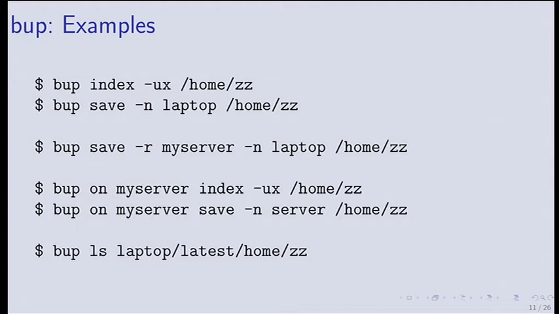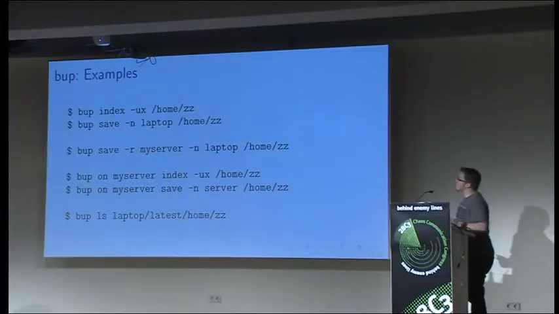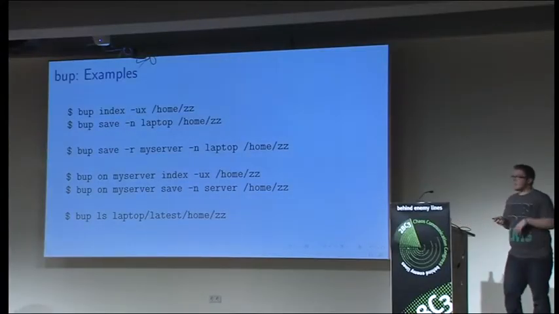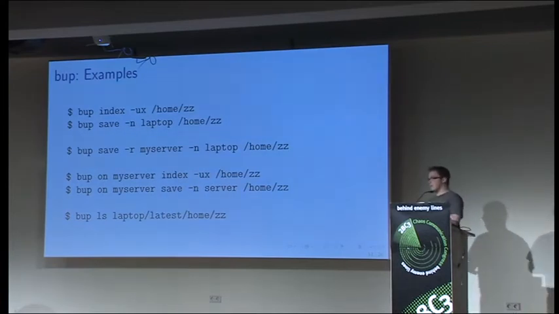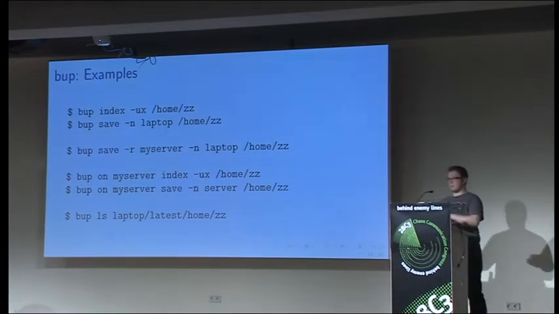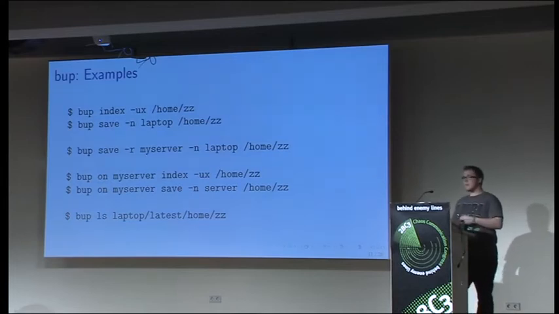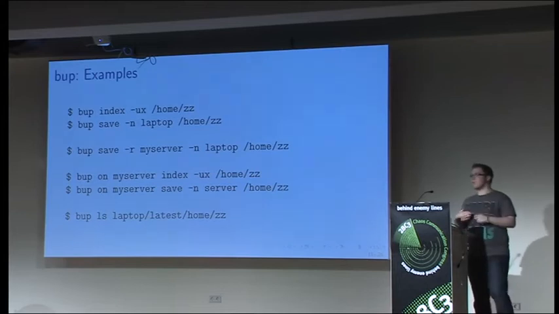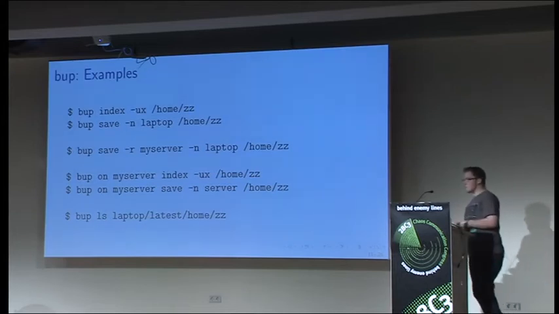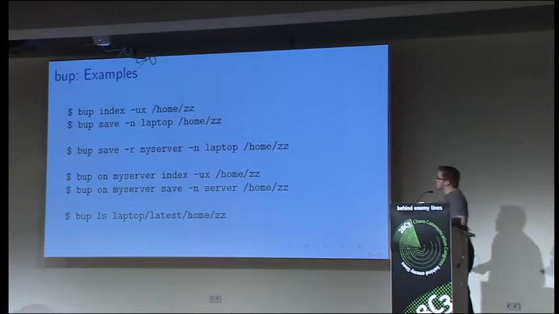Currently, a backup action is done with two steps. First, an index step. The index step traverses the file system, takes a look at every file, and writes it to an index, and you can tell if you need to back it up, or if you have backed it up already.